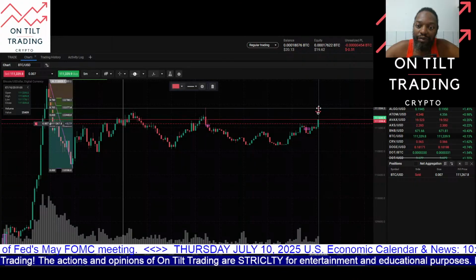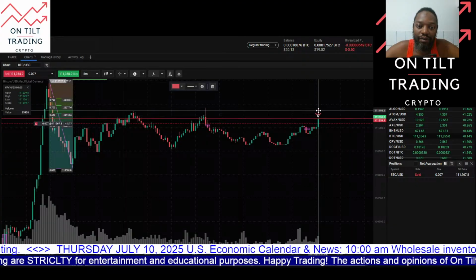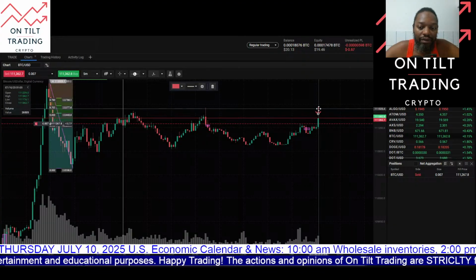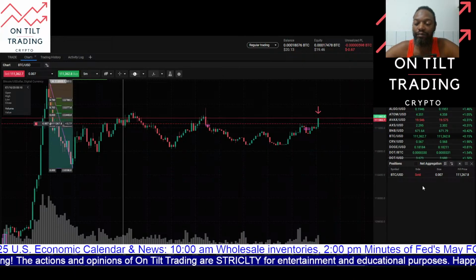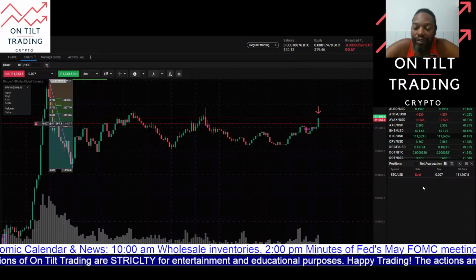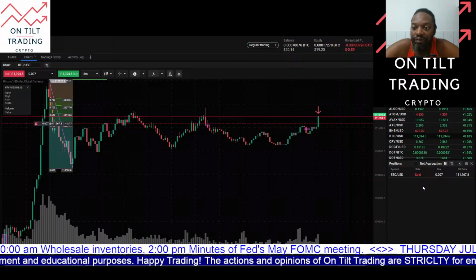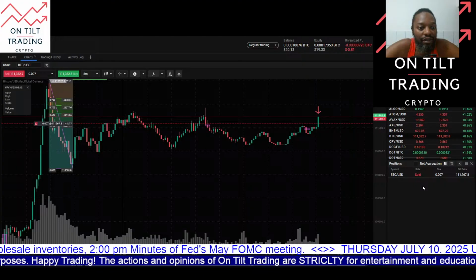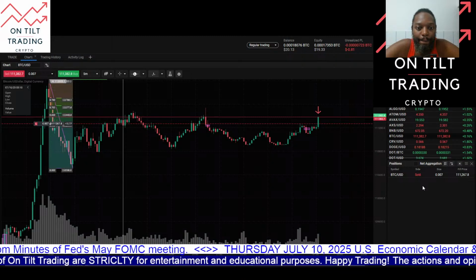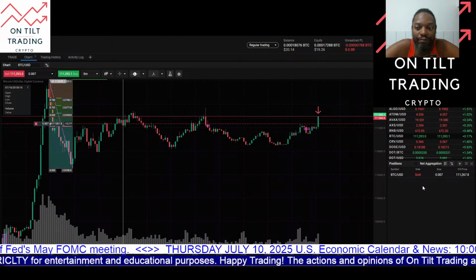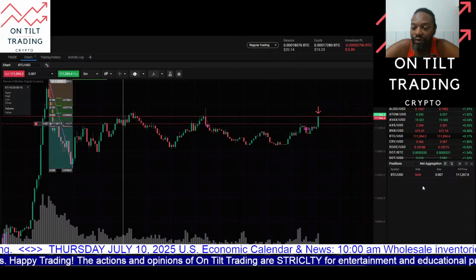Buy side delivery with speed. Price trading above the 111,380 level, approaching the 111,400 level. Consolidating. And again testing 111,400.